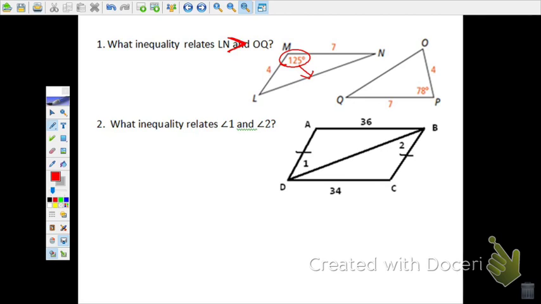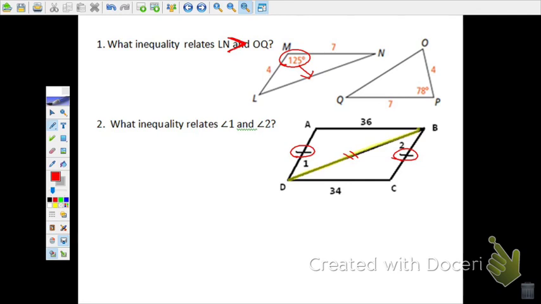Number two, I see one pair of congruent sides. Do I have a second pair of congruent sides? Yeah, I do. Where? The shared middle. I have that shared side, so we need to make sure we look for that. So I do have two pairs of sides that are congruent.